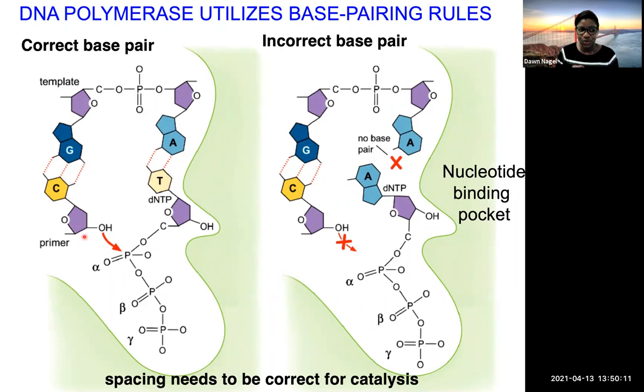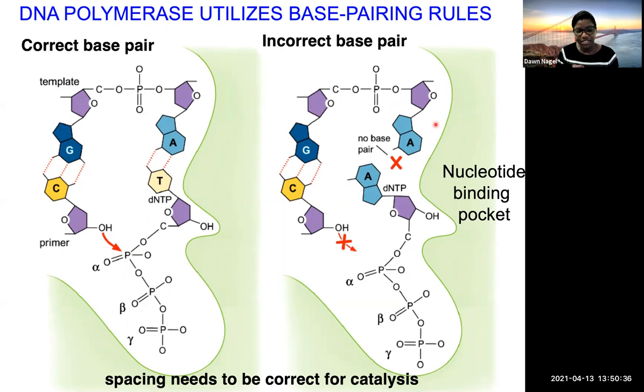So if you have a strand of DNA, you know that you have a G here, you know that you need to add a C here. Similarly, if you have A and you want to add a T, for example, DNA polymerase will recognize the preceding base and knows what needs to be added.